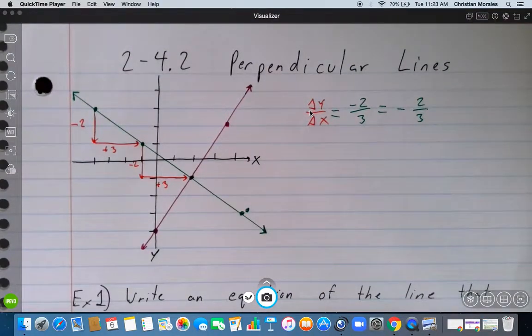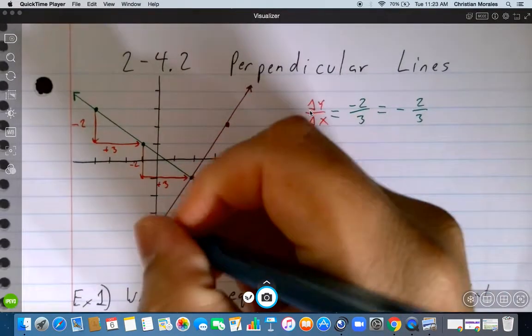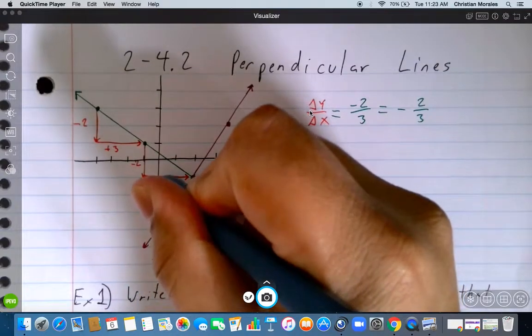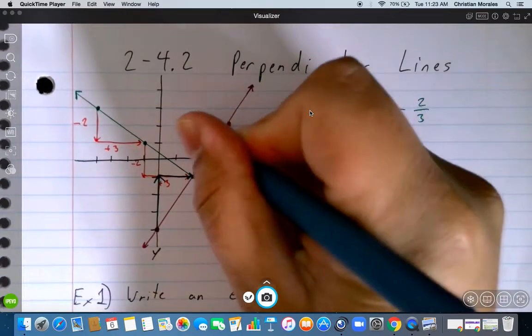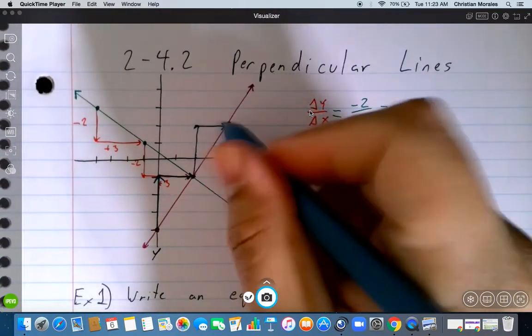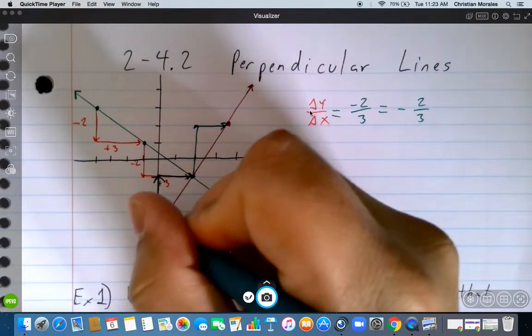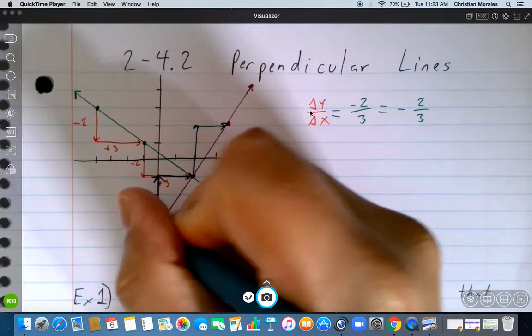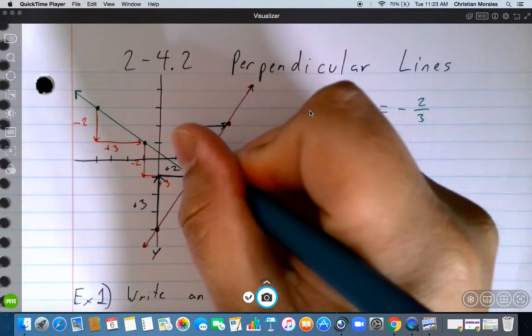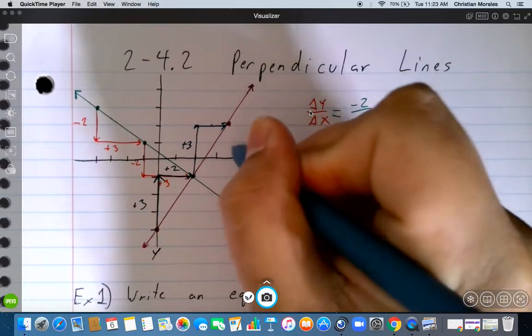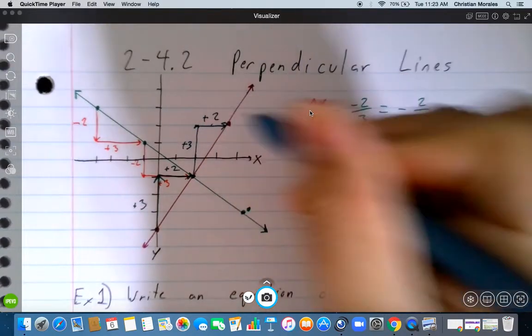Now for the other line, this pinkish, purplish line, we're going to count the slope going from here to there. It's going up and over, up and over. So if I count this, 1, 2, 3, up 3, so it's going positive, and to the right 2. I think I counted the spaces incorrectly at first.